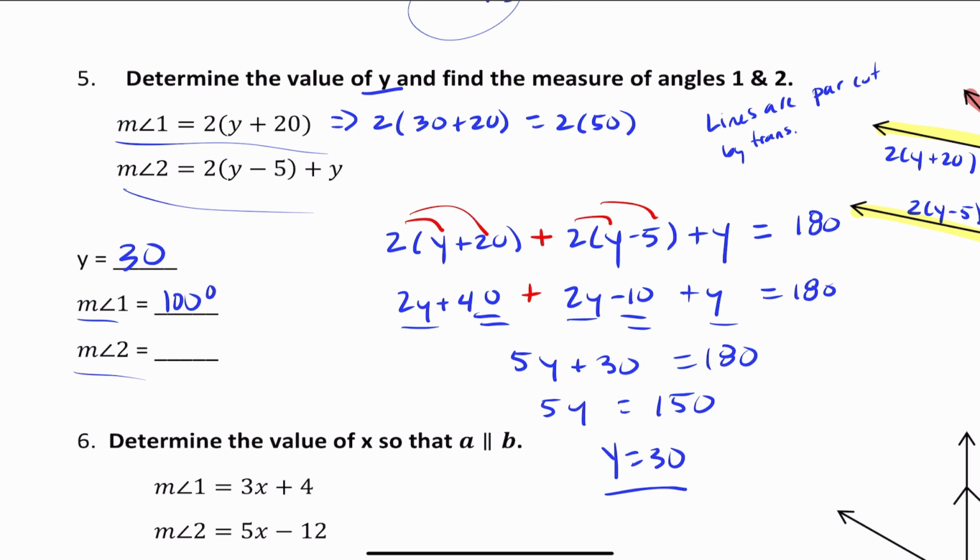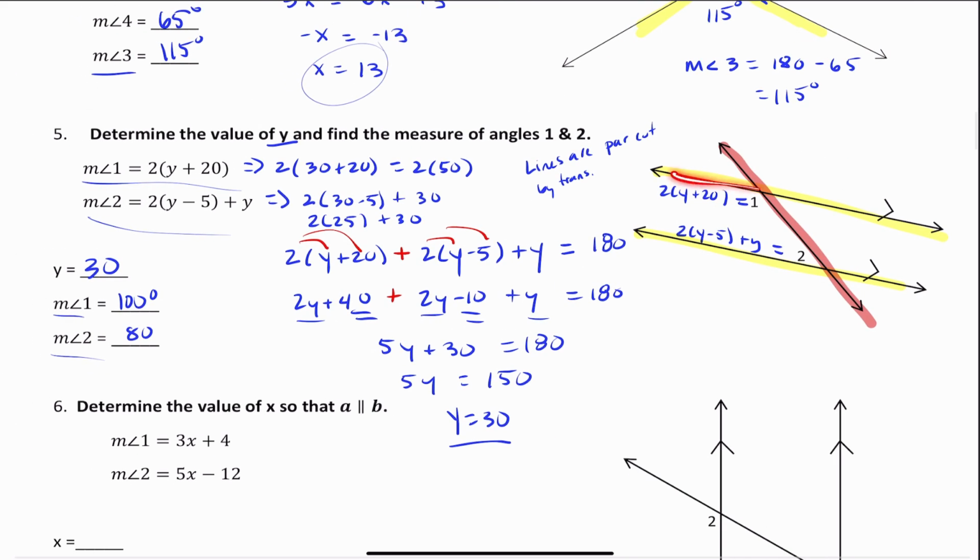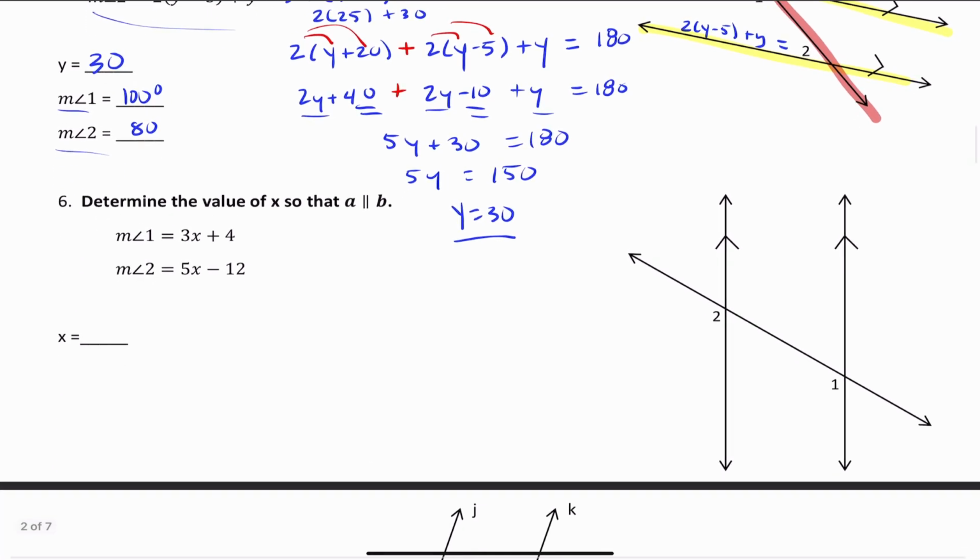And then over here, it's 2 times 30 minus 5, plus 30. So 2 times 25 plus 30, that should be 80, right? What you could have done is, since you know these are supplementary, do 180 minus 100, which gives you 80. So that's the answer.